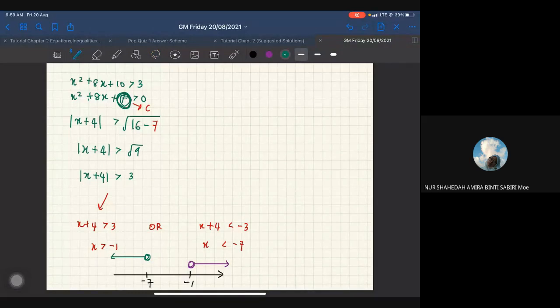Ada soalan tak? Tak ada. Okay, so semua orang jelas okay dengan example ni? Okay, Miss. Jelas?